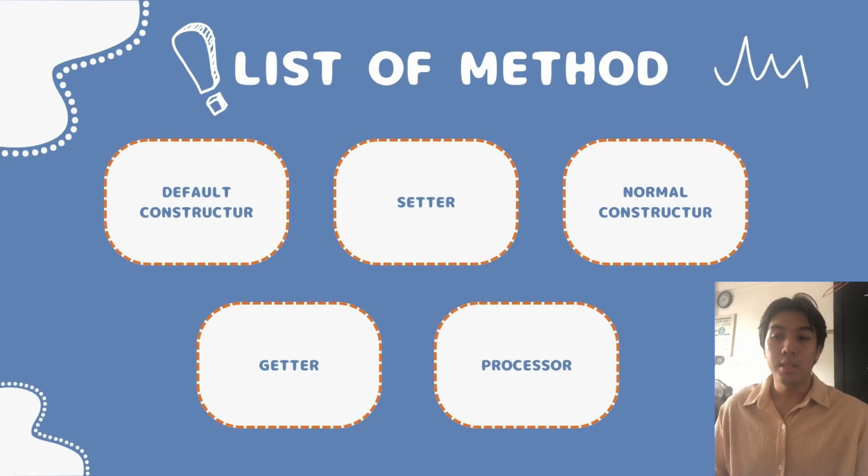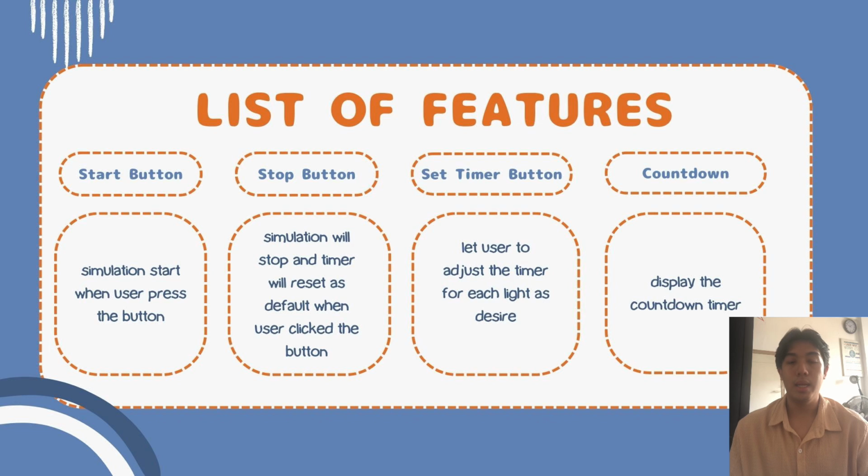Next, I will present our list of methods that we use in our coding. First, we have the default constructor, setter, normal constructor, getter, and processor. In the next slide, I will present the features of this GUI mini project. We have a start button, where when the user presses the start button, the simulation will start.